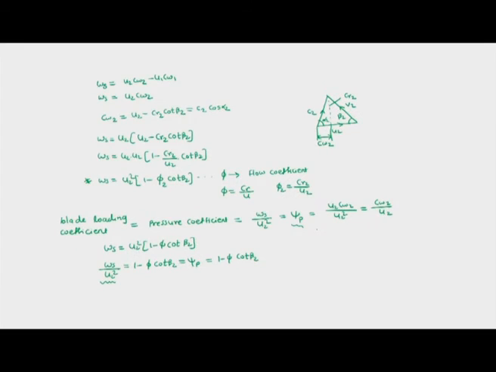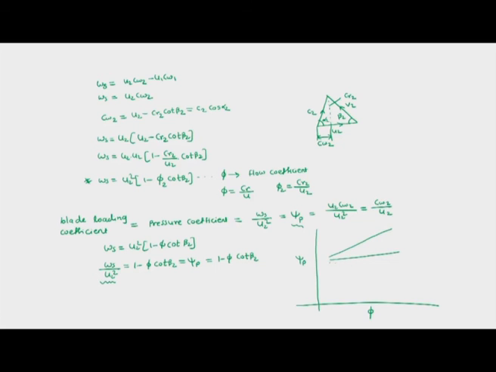But there is an interesting curve, which is a characteristic curve for the pressure coefficient with respect to the flow coefficient, and we can see that there is a linear relation between them for a given beta 2 which is fixed.